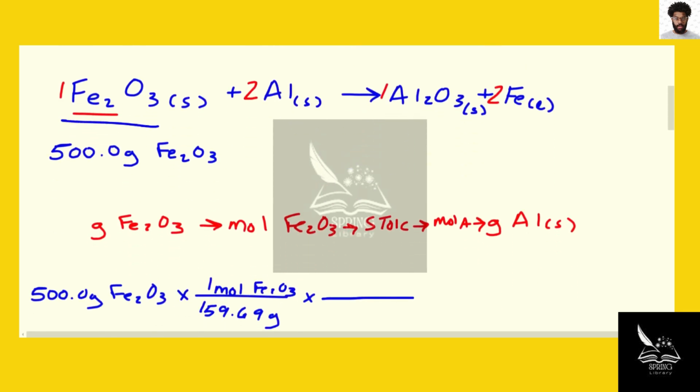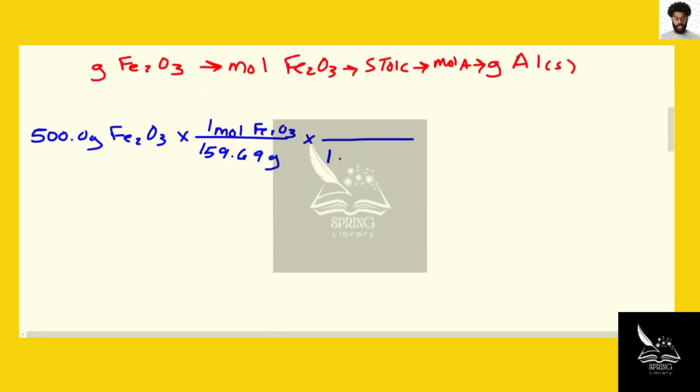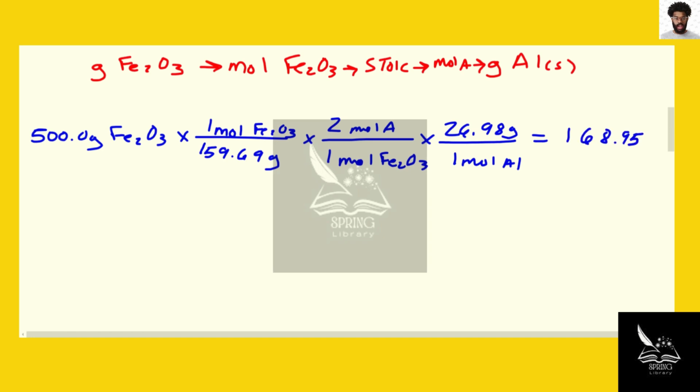We have 1 mole of iron oxide to 2 moles of aluminum. We have 1 mole of aluminum. The molecular weight of aluminum is 26.98 grams. So this will give us an answer of 168.95 grams of aluminum metal to completely react with 500 grams of our iron 3 oxide.